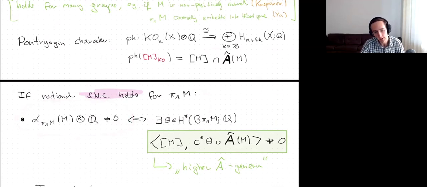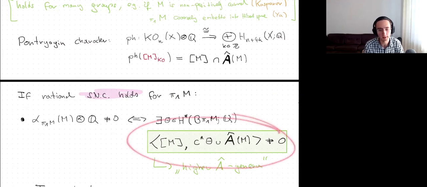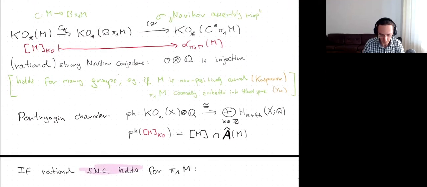In this case, if that holds, then the rational non-vanishing of this index we are interested in is equivalent to the non-vanishing of these characteristic numbers, where we take some cohomology class of the classifying space and look at the so-called higher A hat genera. If one of them is not zero, then this tells you that rationally this doesn't vanish, basically by this formula here, and if this is rationally injective, then if you map it once further, it will still be non-zero.